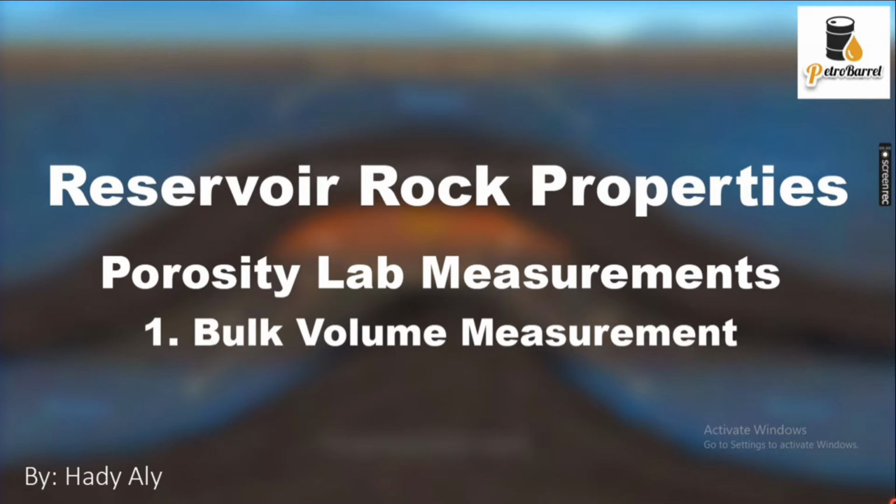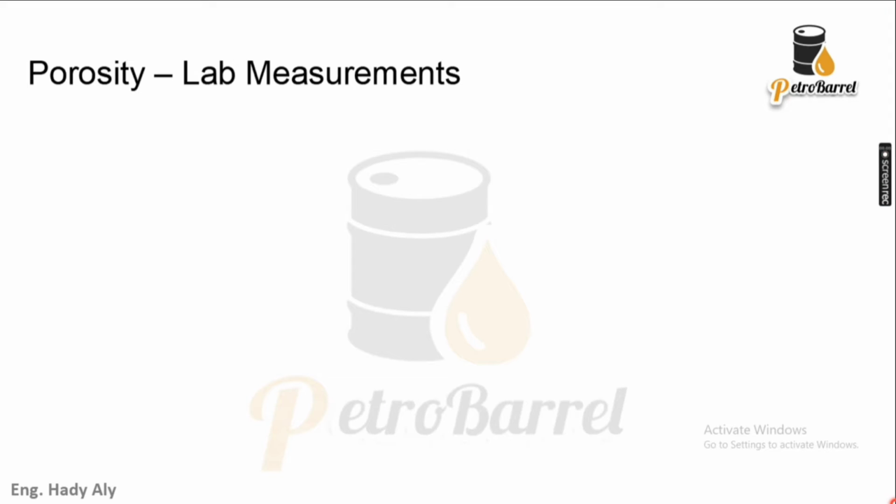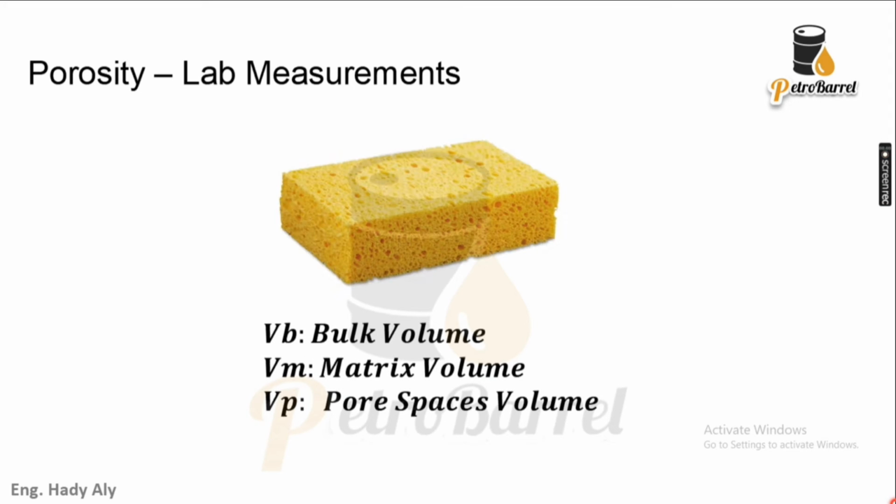As I said before in the first video, the porosity is the ratio between the pore space's volume divided by the bulk volume. So today we will know how to get the value of the bulk volume. Let's imagine that we have a sponge, and this sponge has a lot of pore spaces or a lot of holes. So the total volume of this sponge refers to the bulk volume of the formation or of the rock sample.